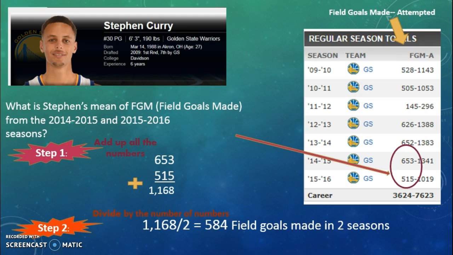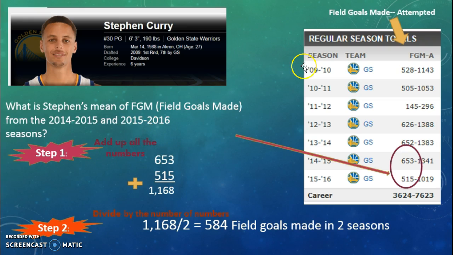And in basketball, by field goals made, they're referring to shots made through the hoop. Okay? So if I want to compare Stephen Curry, and then I'm going to bring up LeBron James in a minute, I want to see who has the better scoring within just the last 2 years, or last 2 seasons. So the 2014-2015 season and the 2015-2016 season. I want to compare them.